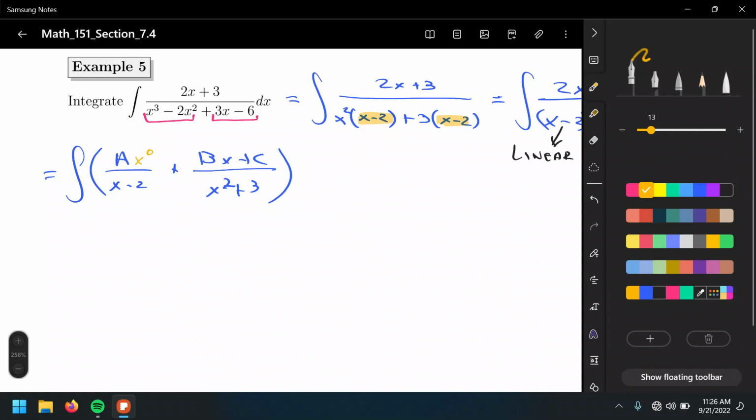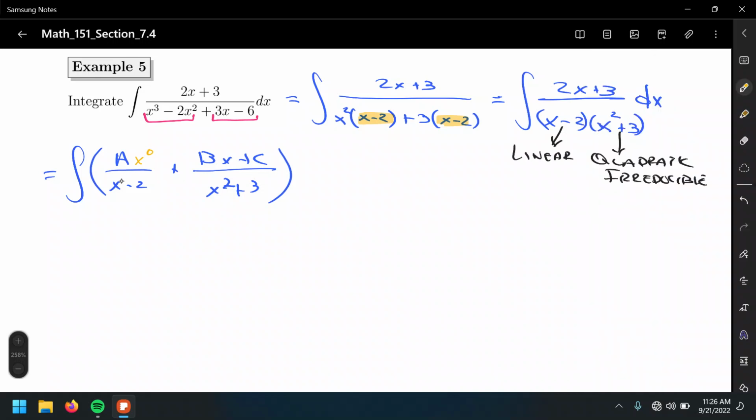So what do we have? Degree 1, and in the numerator 1 degree less, which is 0. Agree? Quadratic, 1 degree less would be linear, or 1. So ultimately what we are integrating here are proper fractions, fractions that, in the world of polynomials, are defined as having the numerator's degree less than that of the denominator.